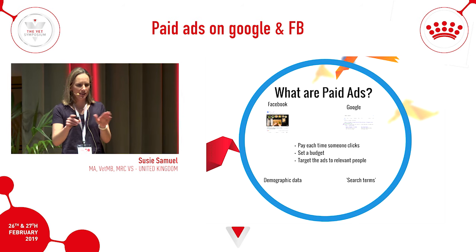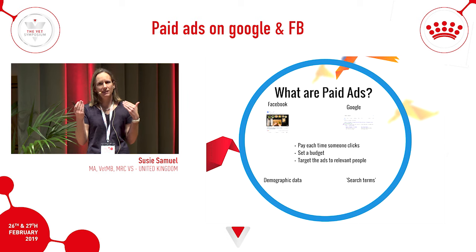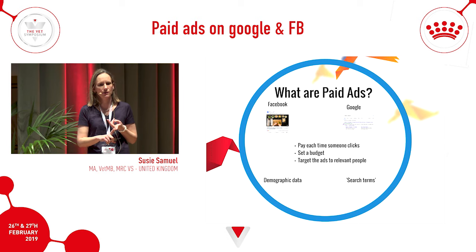And so when you think about it, this actually makes quite a big difference. So with Facebook, you're showing people the ads when at that moment in time, they're not necessarily thinking about their pet. They don't necessarily have a burning need to find a vet, but you're targeting people that you know are relevant, so they're local pet owners.